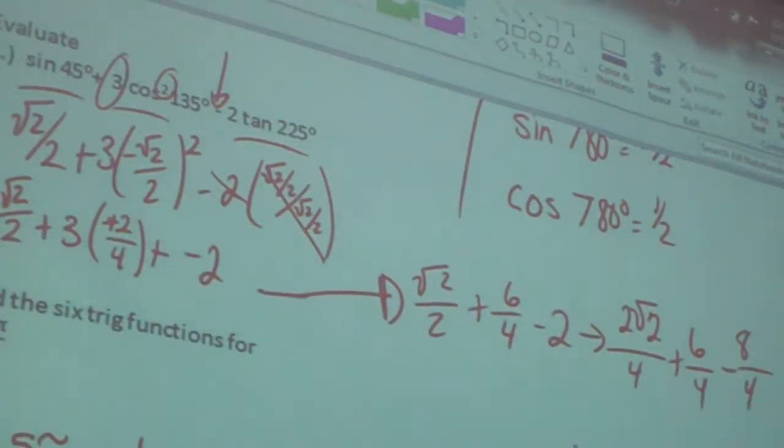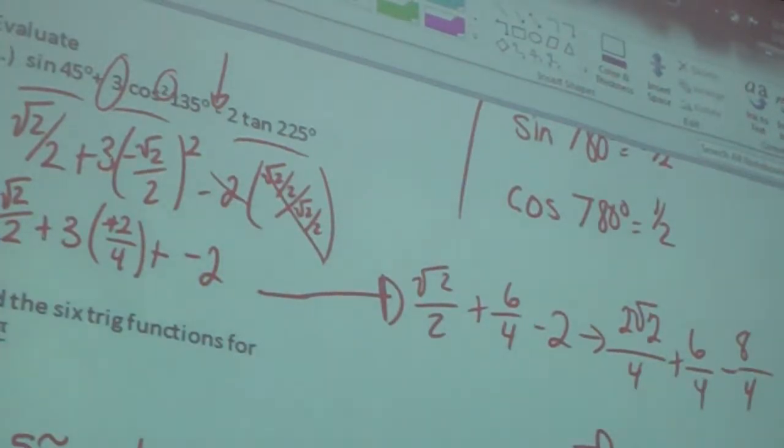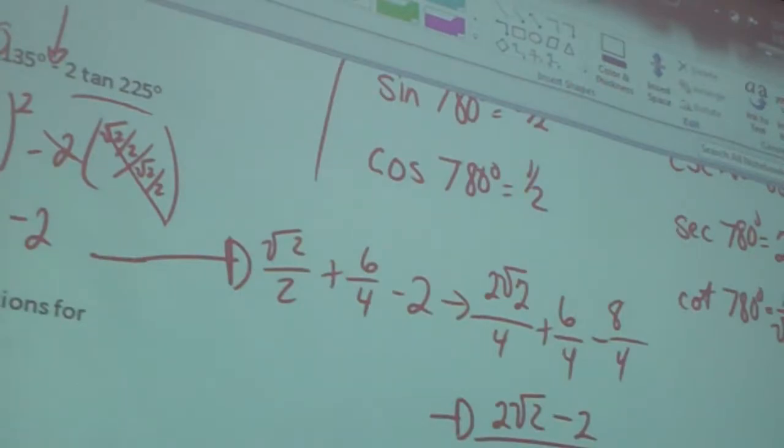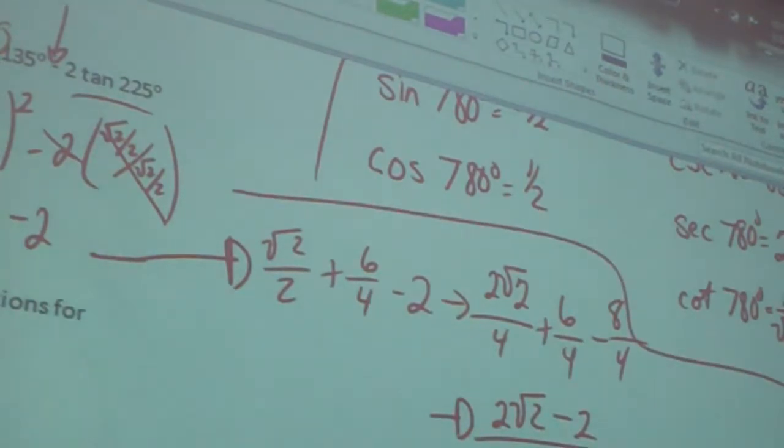It's 4 because it said so. True, because my brain is over. She's the teacher. So 2 square root of 2 over 4 minus 2. That reduces. Maybe longer than I wanted to. Square root of 2 minus 1 over 2. And there's your final answer. That's what it evaluates to. Okay? That's just working with the fractions and radicals.